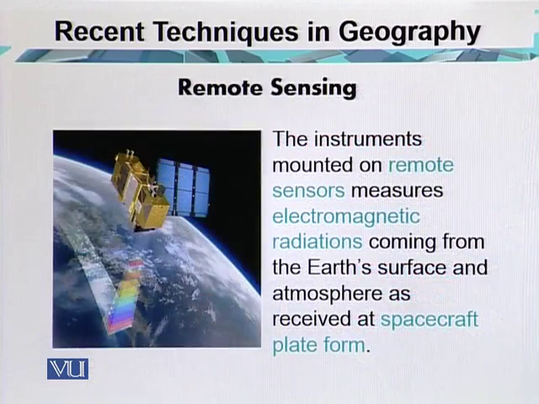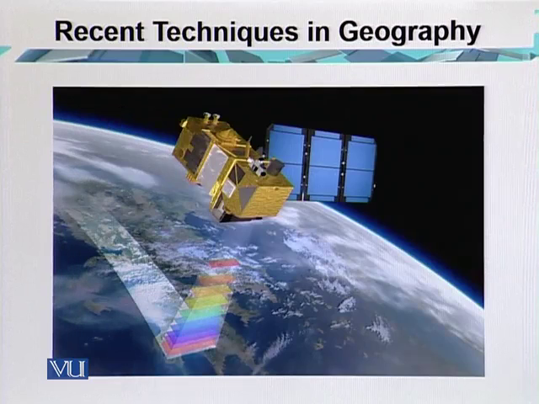The instruments mounted on remote sensors measure electromagnetic radiations coming from the Earth's surface and atmosphere as received at remote sensor or spacecraft platforms. This is an important geographic technique for acquiring spatial information.